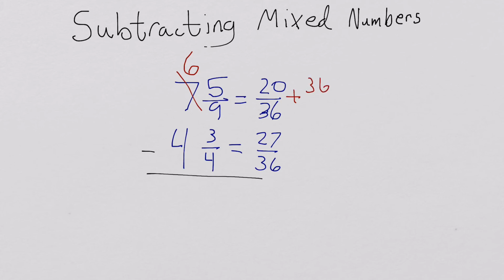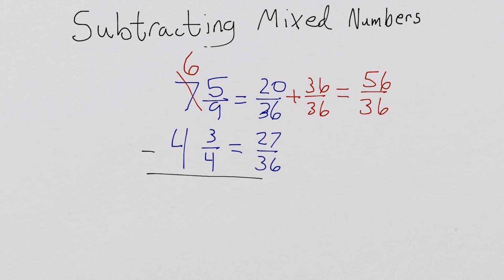plus 36/36, and that's going to give me 56/36, which is improper, but remember, we have regrouped one of our wholes into 36 pieces, and that's okay.